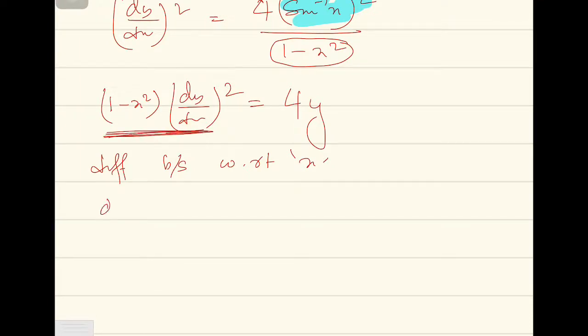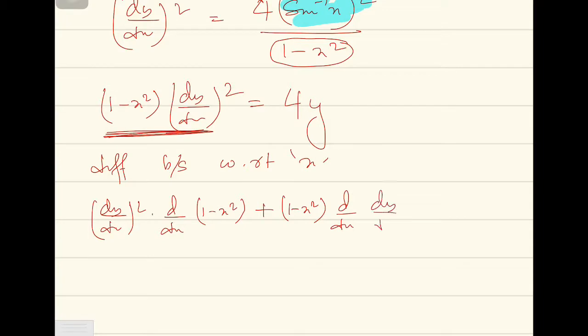So now if I have to do that, I need to apply the product rule here. So second, that is dy by dx whole square, into d dx of 1 minus x square. That's first, plus first, 1 minus x square, into d dx of dy by dx whole square, and that side 4 d dx of y, correct?